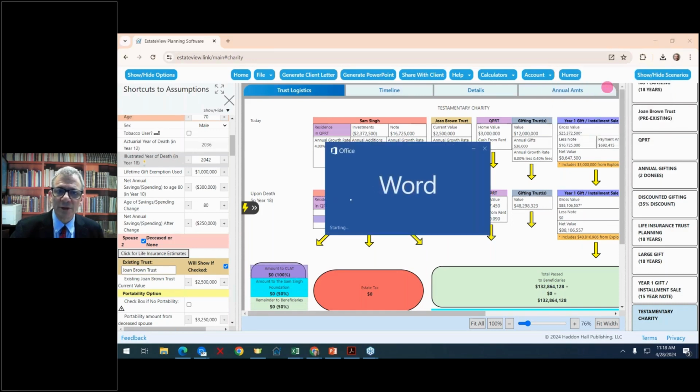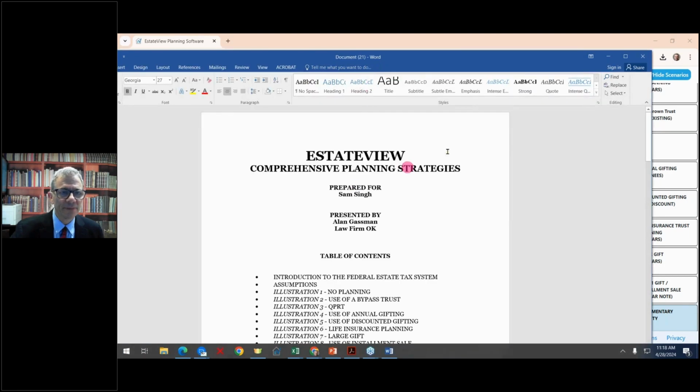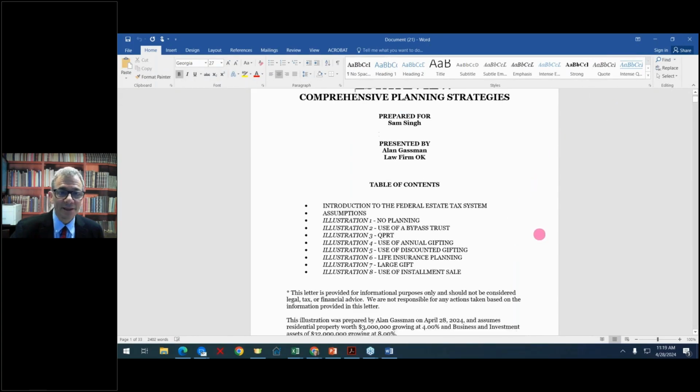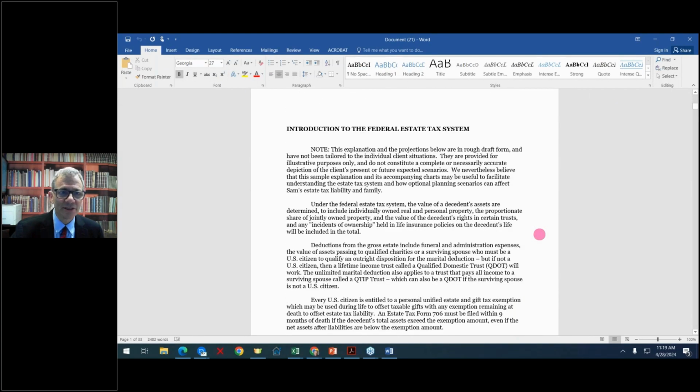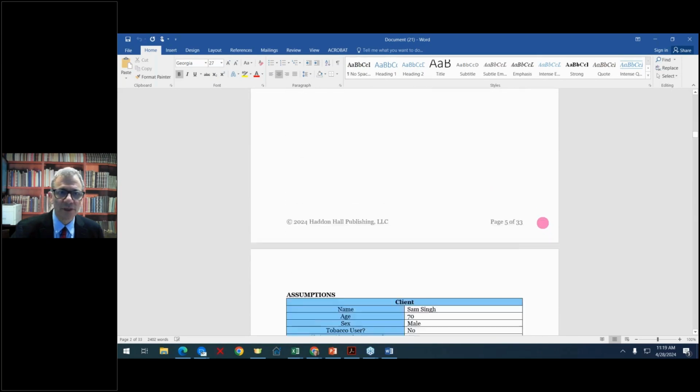So now I'm going to open up this Word document that the computer just prepared. This is not artificial intelligence, by the way. It is spreadsheet logic, but in any event, it explains the federal estate tax for the client.